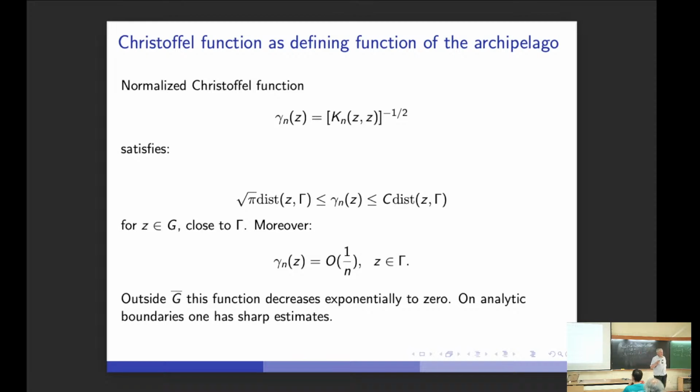And the remarkable property of the Bergman measure, the Bergman kernel, is that if the boundary is smooth enough, the Christoffel function, this one, is comparable in a very precise sense to the distance to the boundary. Well, that's good news, because if I am outside the domain and I know the distance, I can recover the shape.